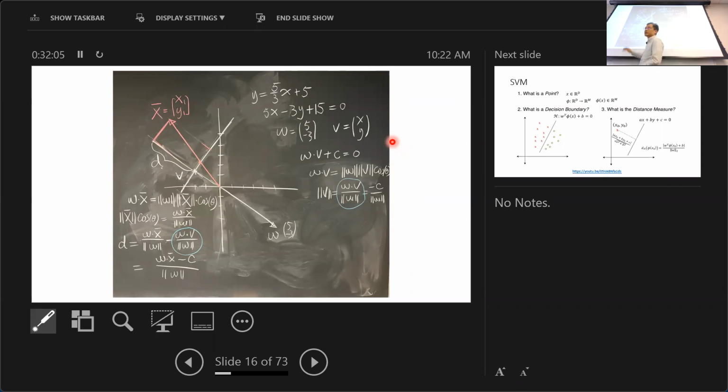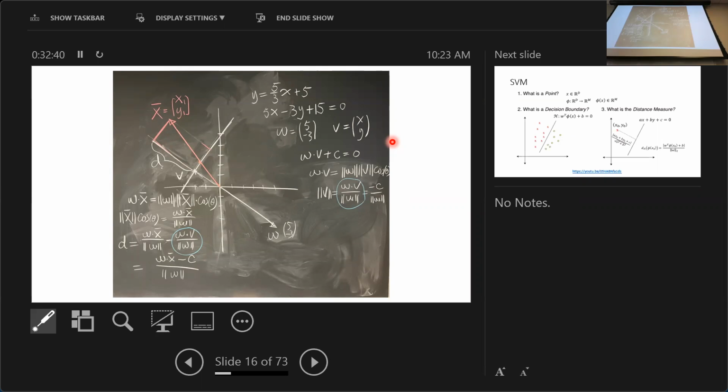Okay. So the distance is, and let's see the distance in this, divided by. This is very easy to compute. Okay, so this is your data point, and this contains the information of the line. Is that simple? It's very easy to compute, right?